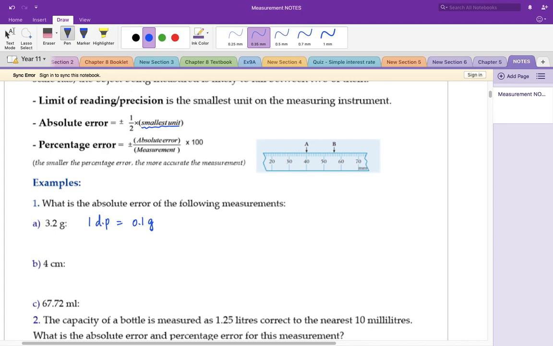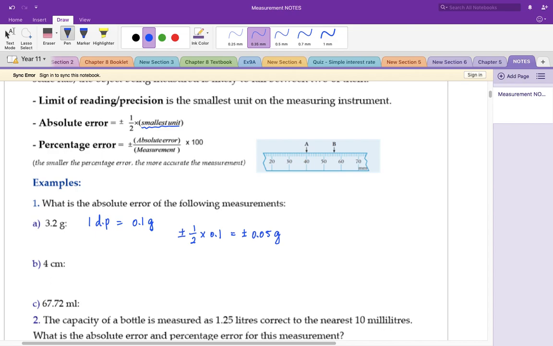So the absolute error is plus or minus half times 0.1. And in your calculator, you don't put in the plus minus sign. You just write it in the front, and then you put in a half times 0.1 and see how much that is equal to. And that's going to be the absolute error. So it's plus or minus 0.05 gram. So the unit is the same as what's in the question.